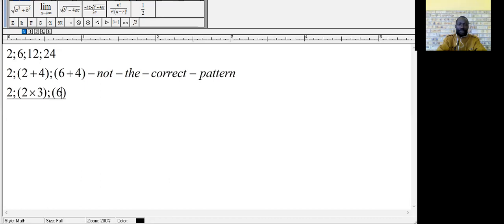So 6 by 3, let's see what we get. You see? From 2, we can get 6 after multiplying by 3. But if we multiply 6 by 3 to get 12, it won't come out. So we still conclude that this is not the correct pattern.